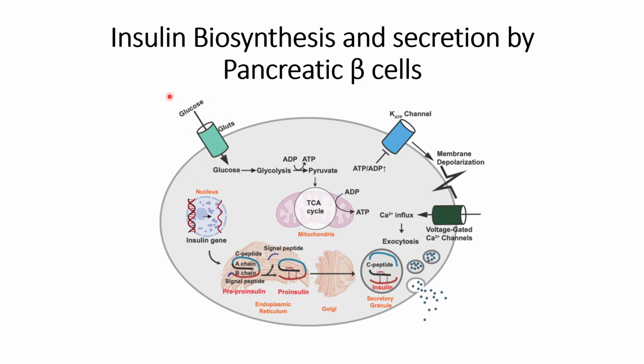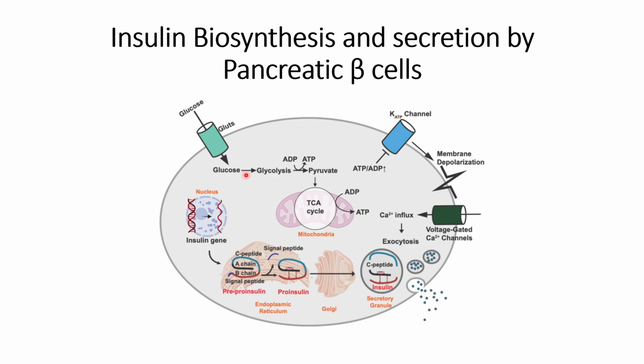So what happens when glucose enters the cell through different transporters, such as GLUT1, GLUT2, or in common we call them GLUTs.